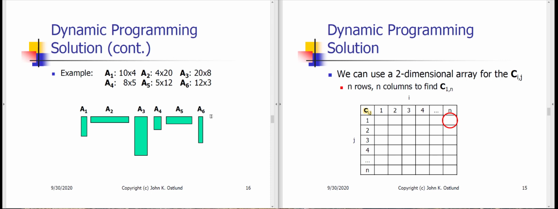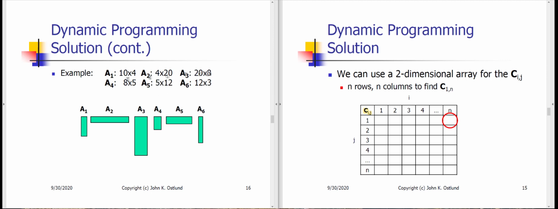To add a little bit of concreteness, let's suppose that we have these 6 matrices that we need to multiply. And we've been careful to choose dimensions for the matrices so that this product, A1 through A6, is well defined. Okay, so A1 is 10 by 4, A2 is 4 by 20, A3 is 20 by 8, A4 is 8 by 5, A5 is 5 by 12, A6 is 12 by 3.